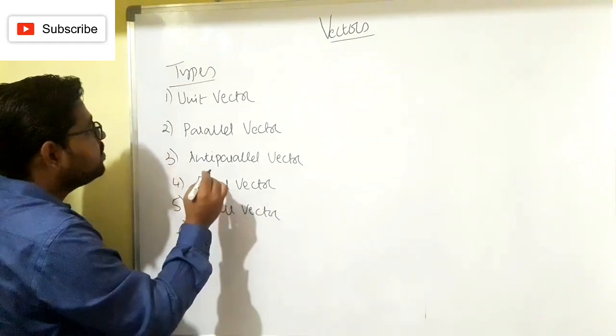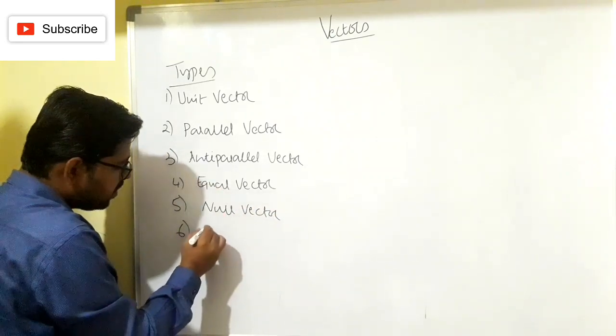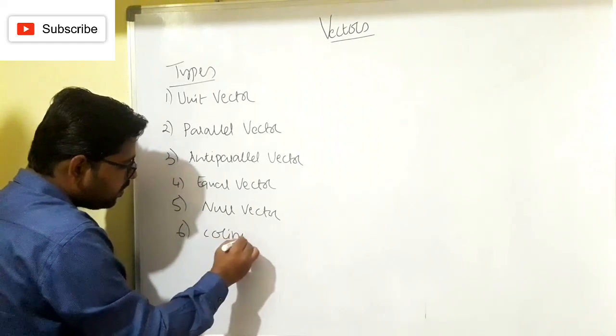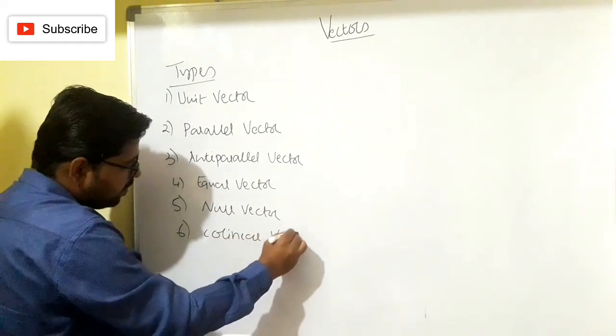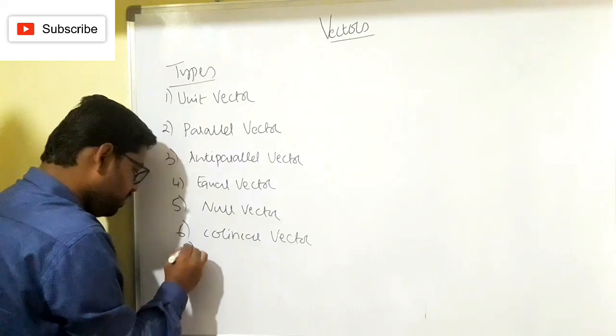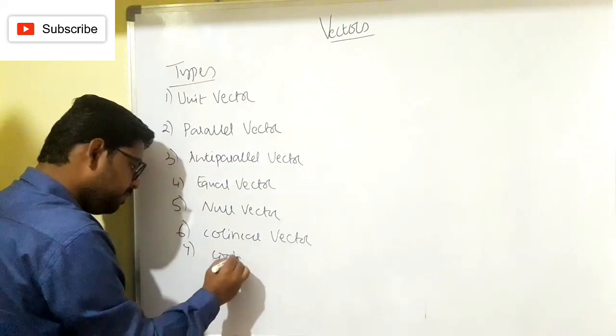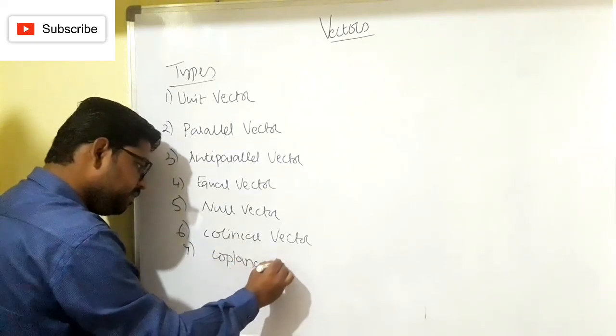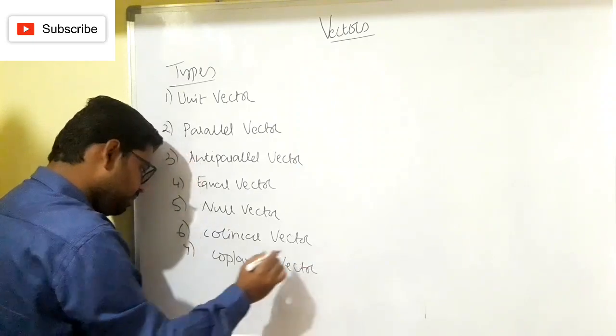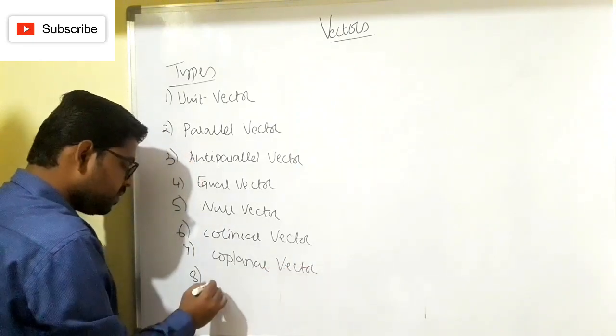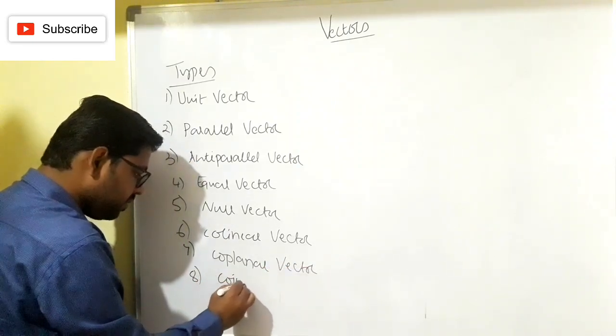Sixth one, collinear vector. Coplanar vector. Co-initial vector.